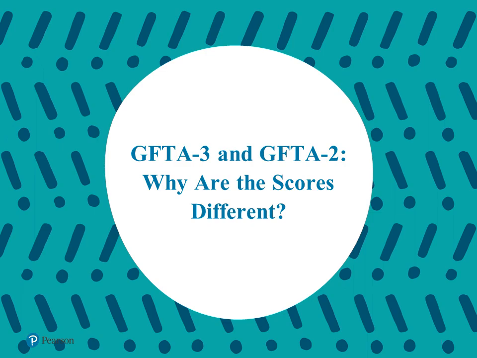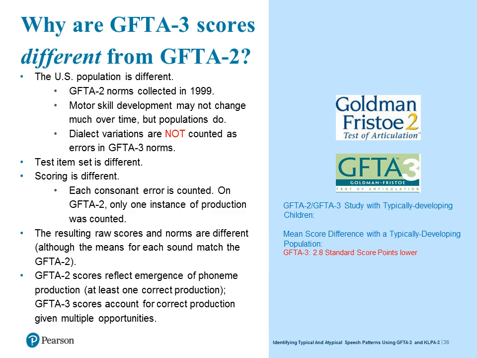So GFTA-3 has been out for a while, and we have gotten some clinicians' questions. One of them happens to be, why are the scores so different for GFTA-3 and GFTA-2? Well, the scores may be different because the U.S. population is different. GFTA-2 norms were collected way back in 1999. We're not saying that motor skills have changed in specific children.